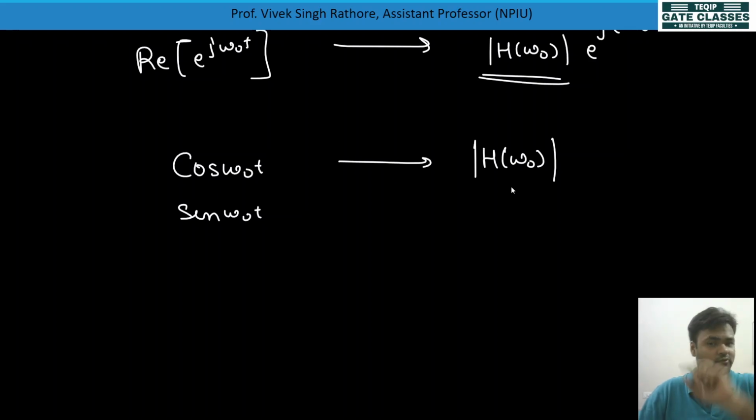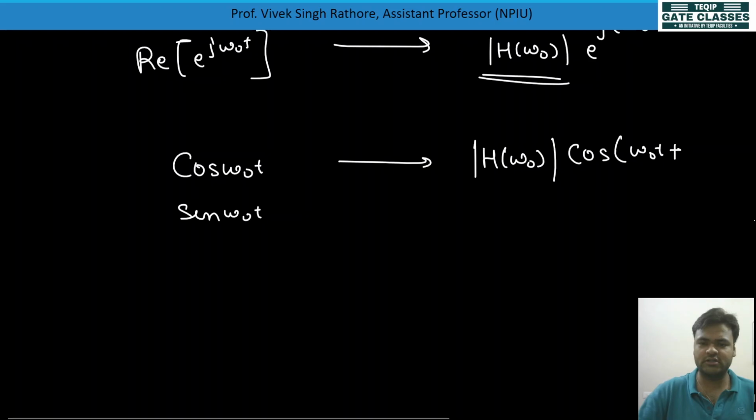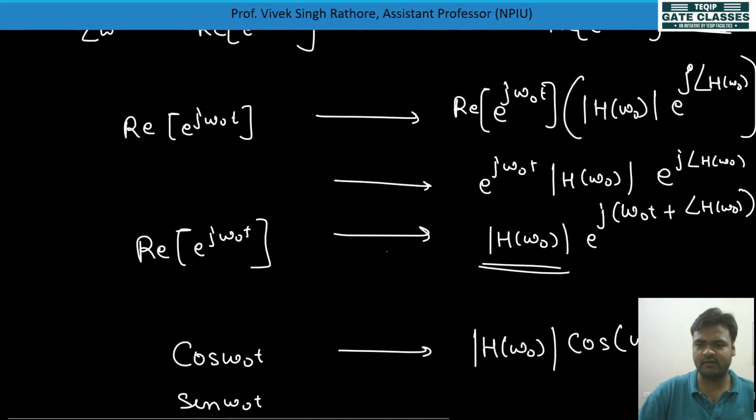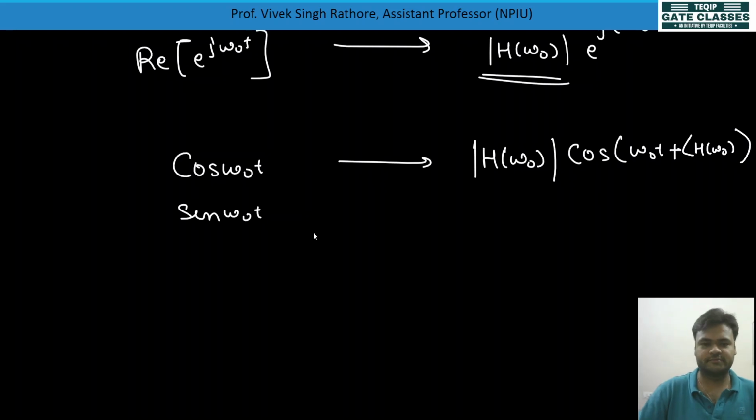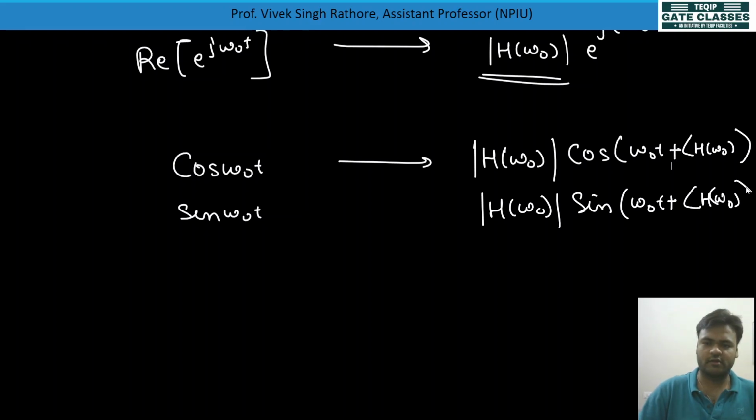If it is cos, we can write cos of omega naught t plus the phase of h of omega naught. For sine it is also like this: sine of omega naught t plus the phase of h omega naught.